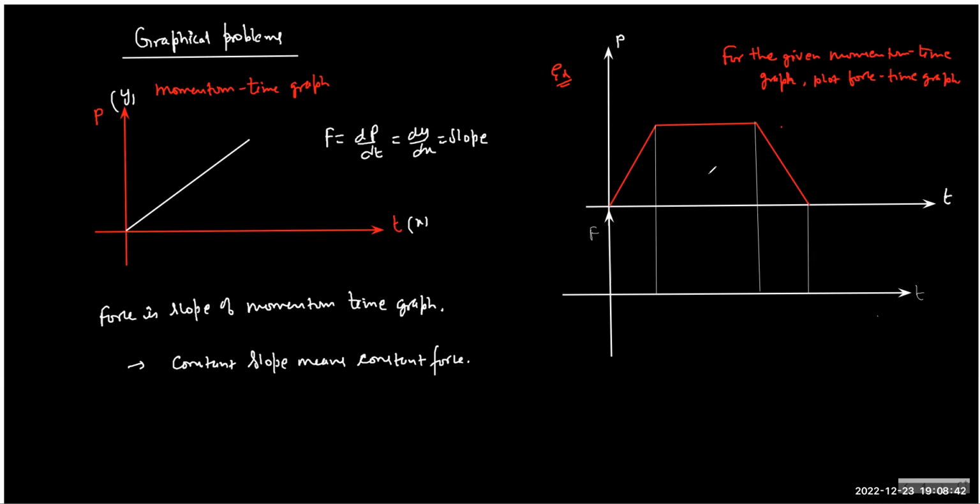Correct. So you have to plot the slope. You're only supposed to do the nature of the graph, not the exact graph. Just nature.